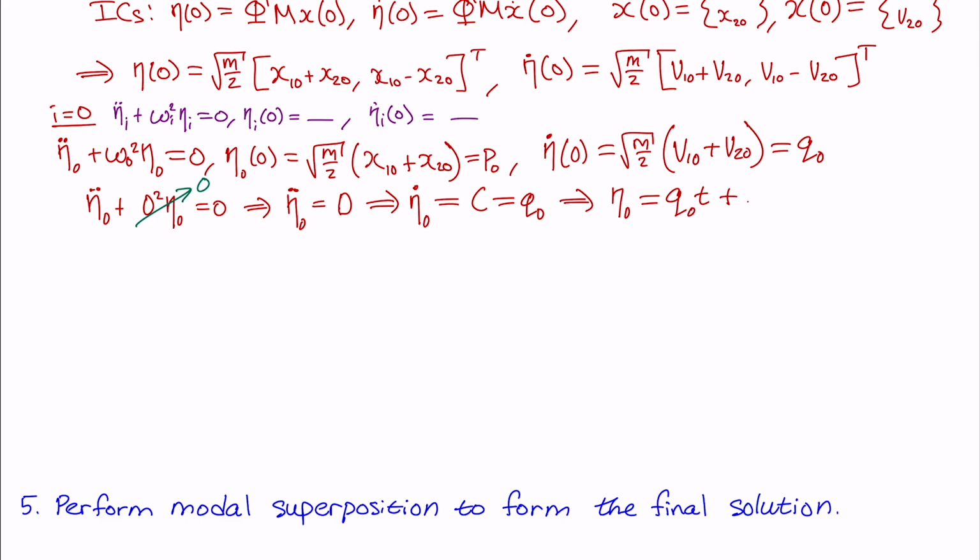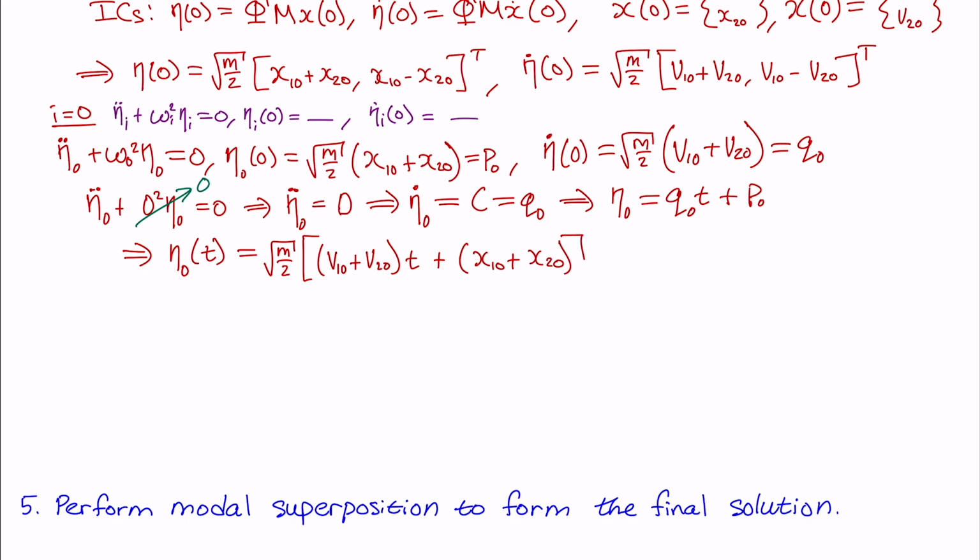That other constant is going to end up being the initial displacement, p0. And then we'll find here that the response of the first mode, or the 0th mode, eta 0 of t, will be equal to the square root of m over 2 times the quantity v10 plus v20 times t plus x10 plus x20. And that is the solution for the first mode.